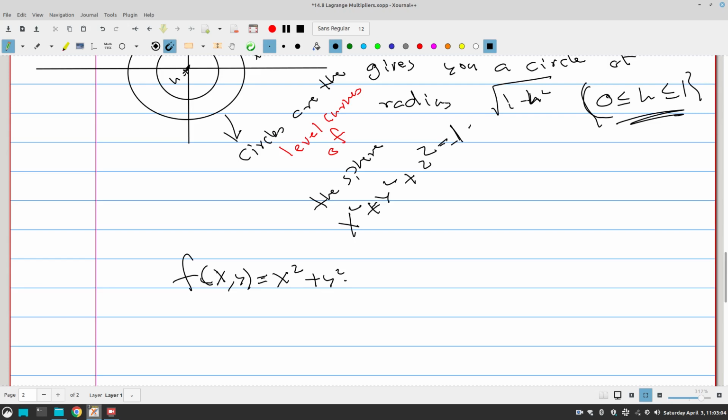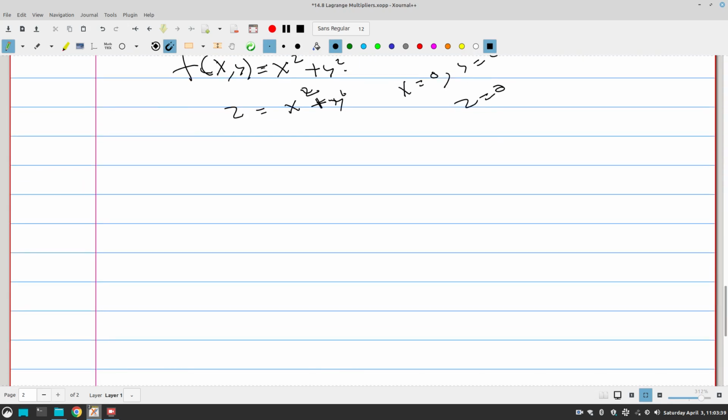This should give you a cone, because at each level, for each value of z, right? So this is z equals x squared plus y squared. This gives you a cone because when x equals 0, y equals 0, you have z equals 0. So at the origin you have the tip of the cone, and the cone expands as you go up.